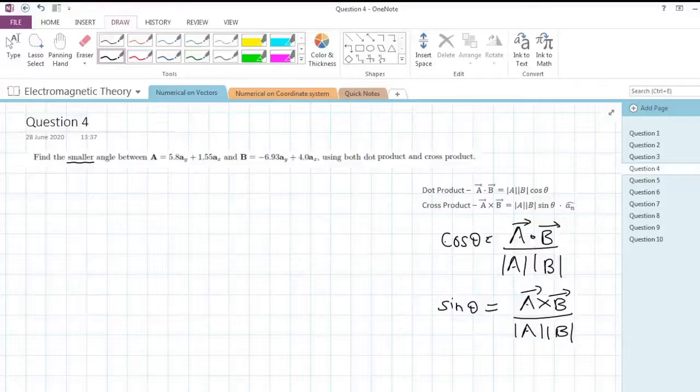The numerator is scalar and the denominator is obviously scalar. So your answer will be something 0 point something, and you will find theta is equal to cos inverse of that quantity, and you will get some angle in degrees.